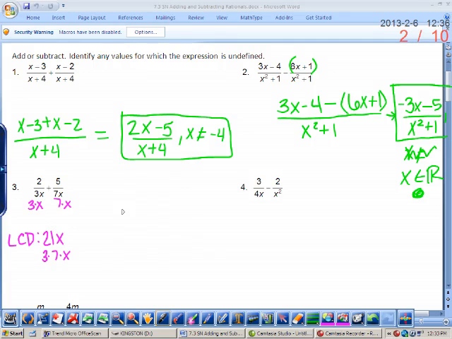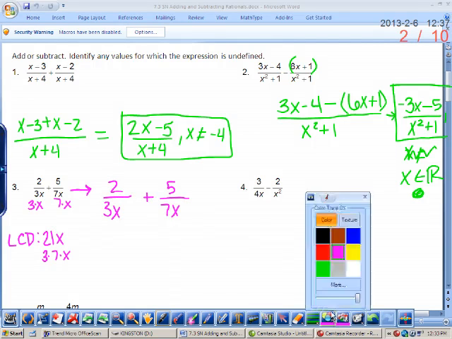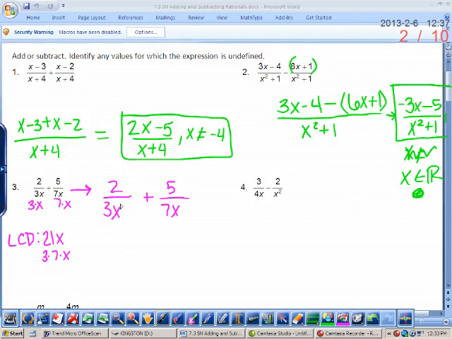All right, so the way I like to do this is rewrite out your original problem. Okay, and then go through and think about what's missing. What do I multiply 3x by to get 21x? And whatever I do to the bottom, I have to do to the top. What do I multiply 7x by? Whatever I do to the bottom, I have to do to the top.